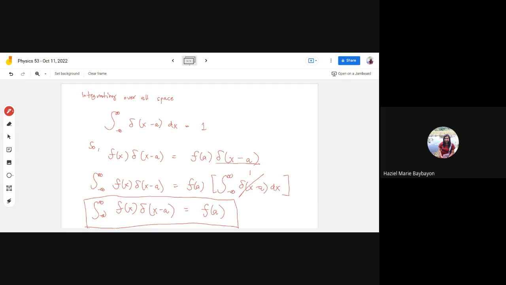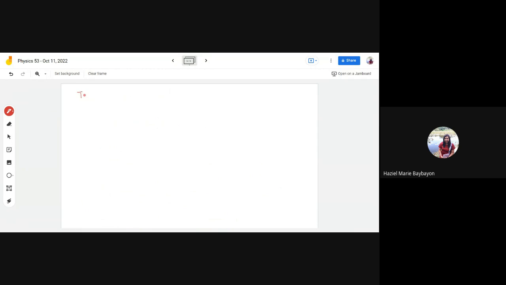Now, two expressions involving Dirac delta function are considered to be equal if you get the integral over all space of that function.